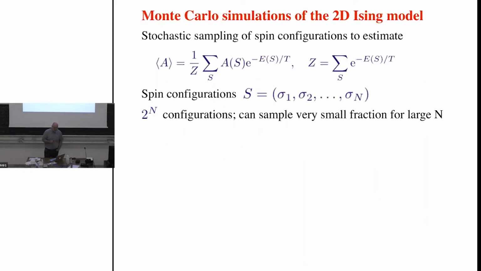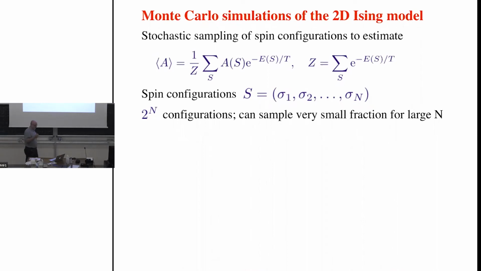So what do we do in Monte Carlo simulations? Well, first let's look at this stat mech problem. The energy could be just the Ising energy or something else. S is just a shorthand for all these n spins on some lattice. And we have these 2 to the n configurations.